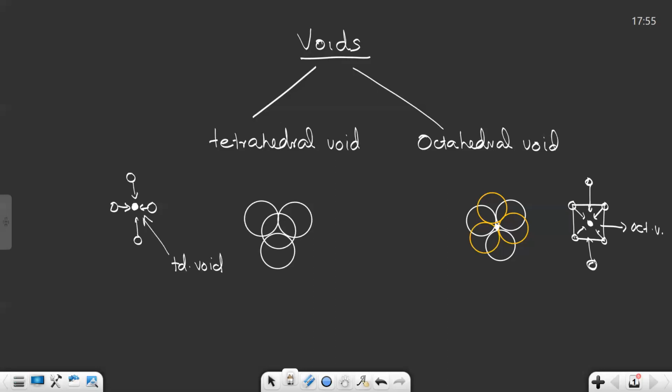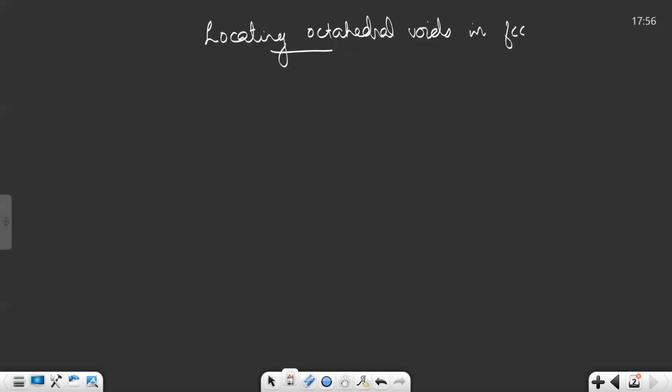So tetrahedral voids are formed by four atoms, and octahedral voids are formed by six atoms. Now we will see how to locate these octahedral and tetrahedral voids in FCC structure. We have learned that in FCC there are four atoms present in one unit cell.